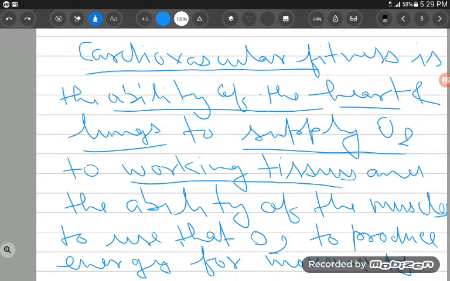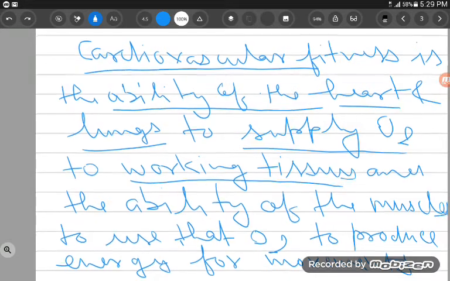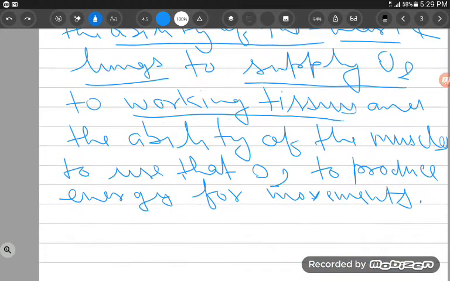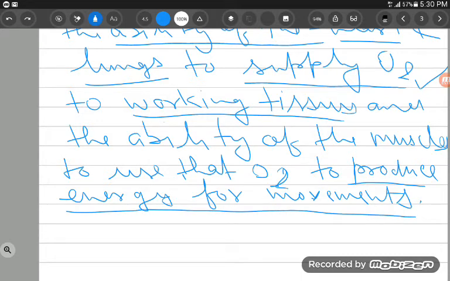Means when we perform any activities, the demand for oxygen increases. And oxygen produces energy for movement. To perform activity, we need oxygen.